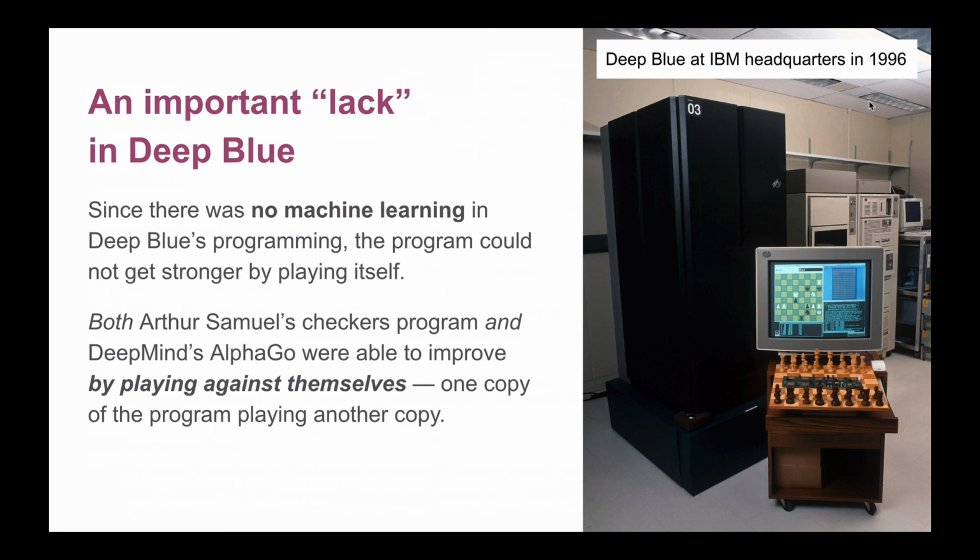Both Arthur Samuel's checkers program and DeepMind's AlphaGo played against themselves, and that was responsible for how they improved, by having one copy of the program play against another copy of the program.